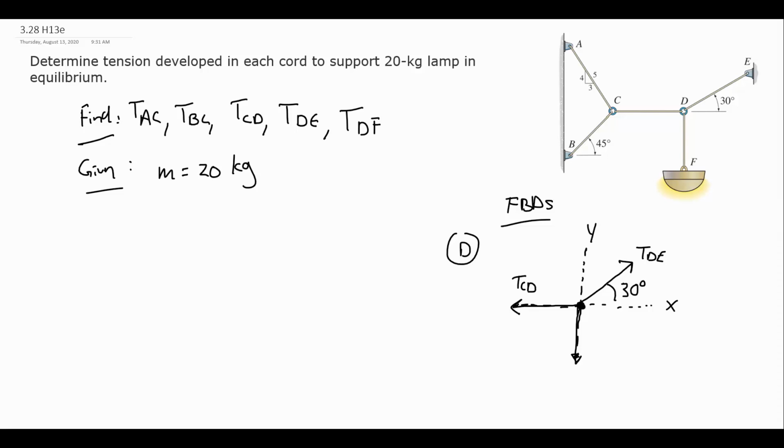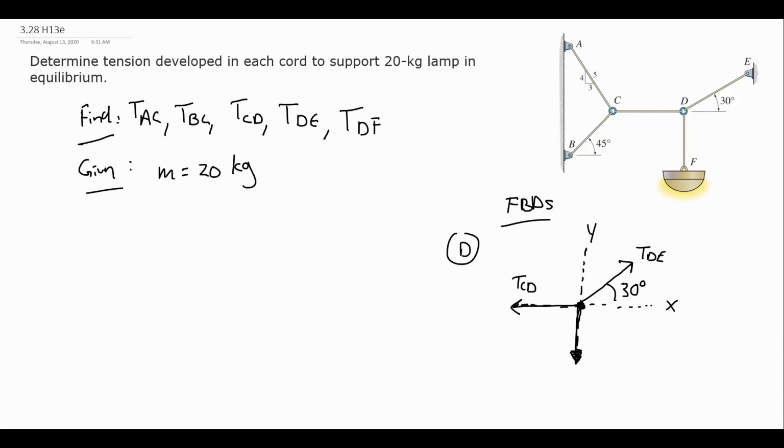Now here I can take a little bit of a shortcut because on the bottom, that rope is connected to the lamp. So I know that the tension in this rope has to equal the weight of this lamp because it's directly connected to it. So really technically I should draw a picture for F to prove that's true, but this is a case where it's going to be pretty trivial. I'm just going to link it together. So I know that the force in this is the weight of this lamp.